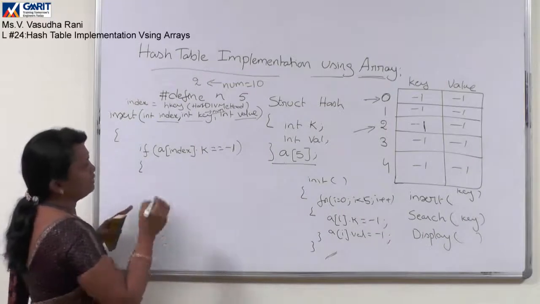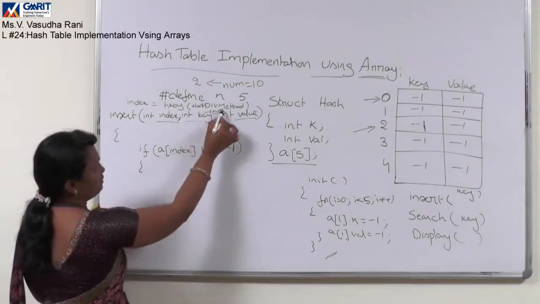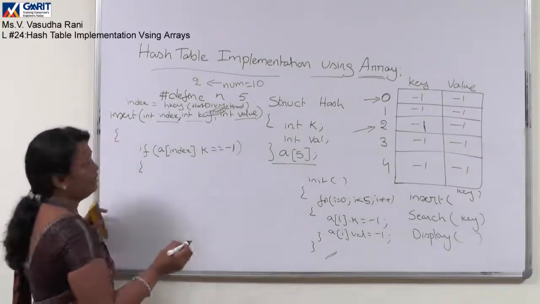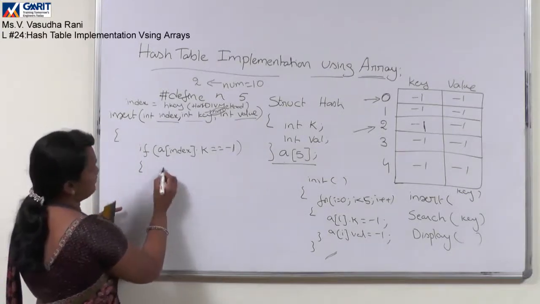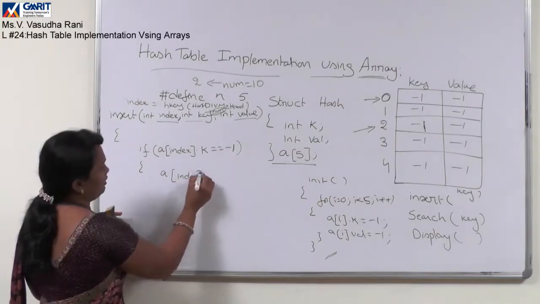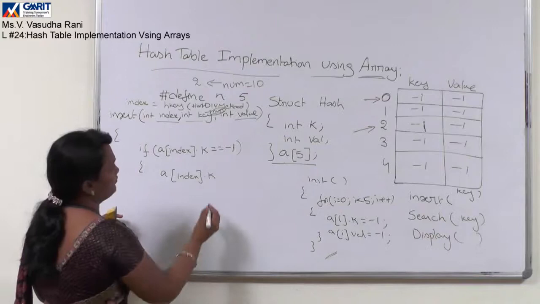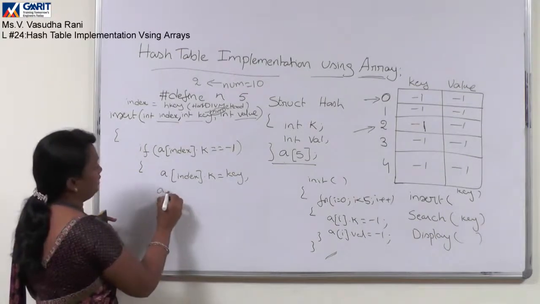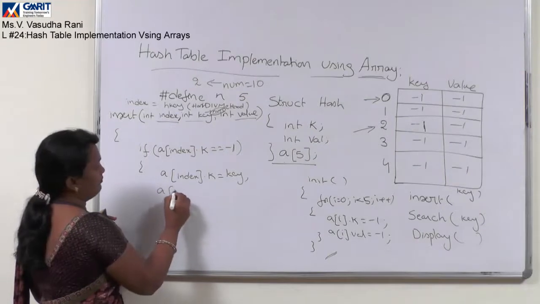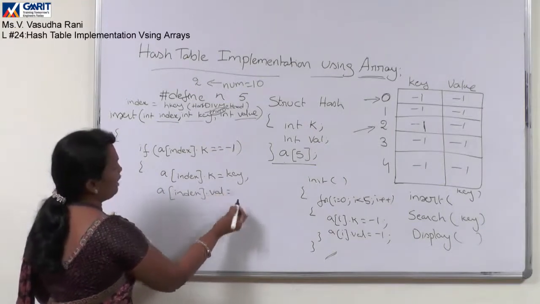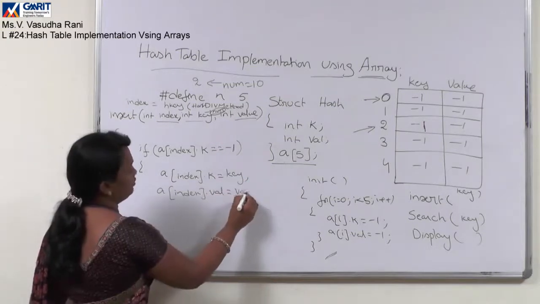Then we have to put the key and value into that location. So it is A of index dot k equal to key, and A of index dot val equal to value.